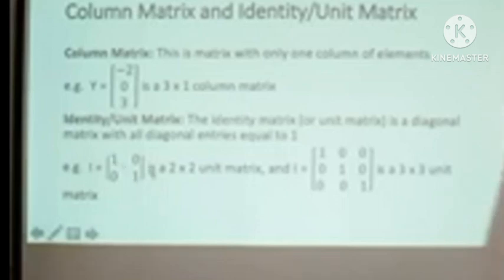Therefore, this is referred to as 2 by 2 unit metric or 2 by 2 identity metric. And also, if we consider the next example, which is 1, 0, 0, 0, 1, 0, 0, 0, 1, it is an identity metric of order 3. That is 3 by 3 unit or identity metric.